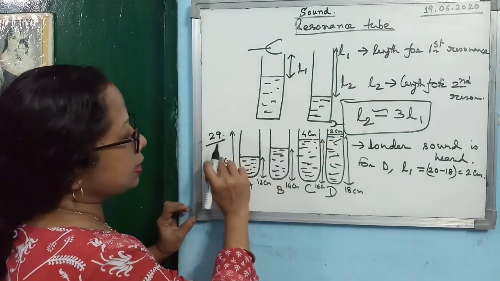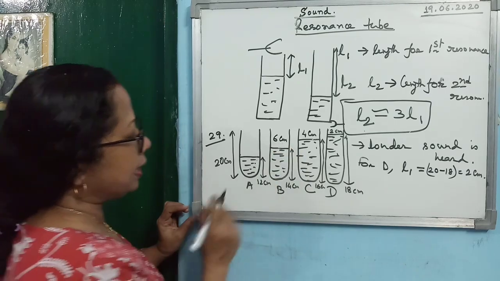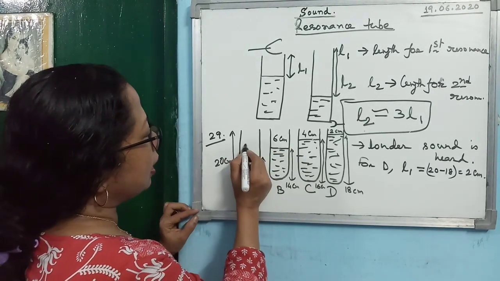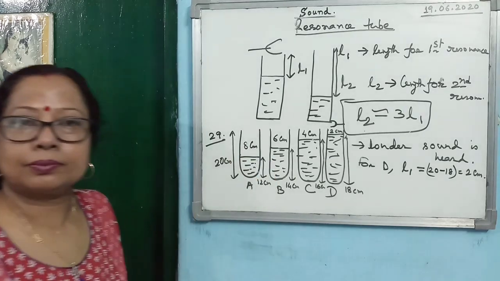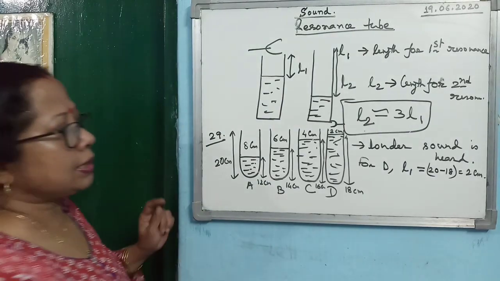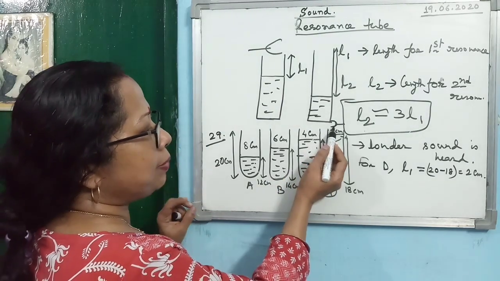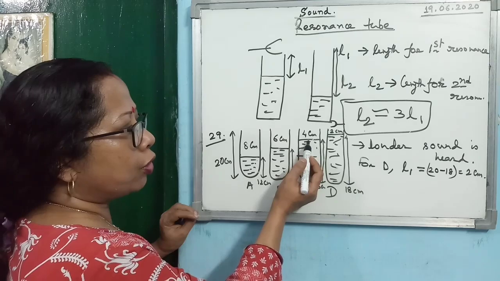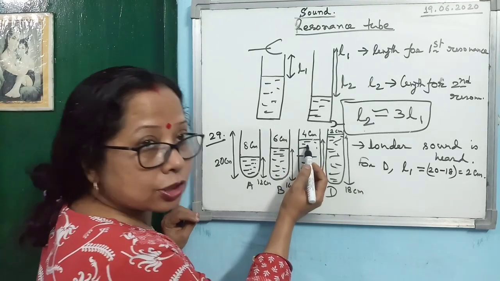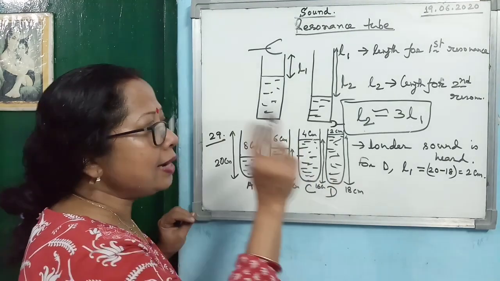For B, what is the length of the air column? 6 centimeter. For A, what is the length of the air column? 8 centimeter. Is that clear? Now we have to apply this concept. So you see, if you hold the same tuning fork above C, forced vibration will take place. Okay. Will there be resonance? No. Why no resonance?